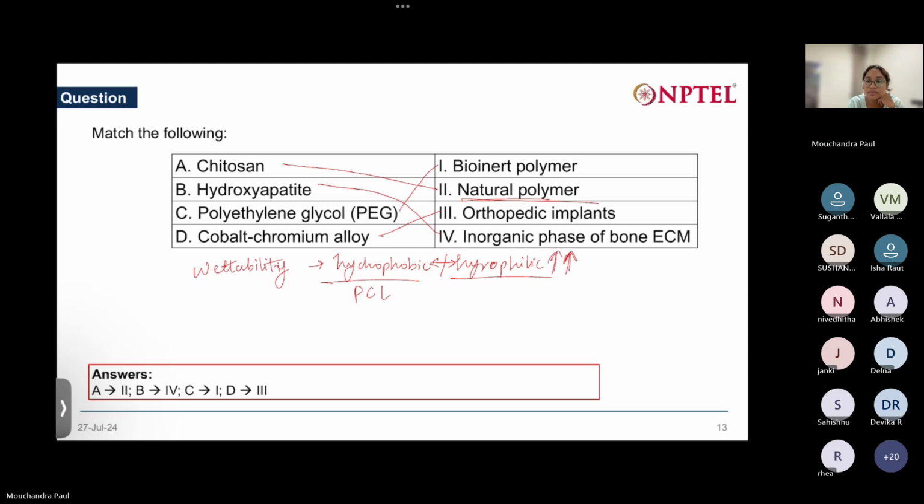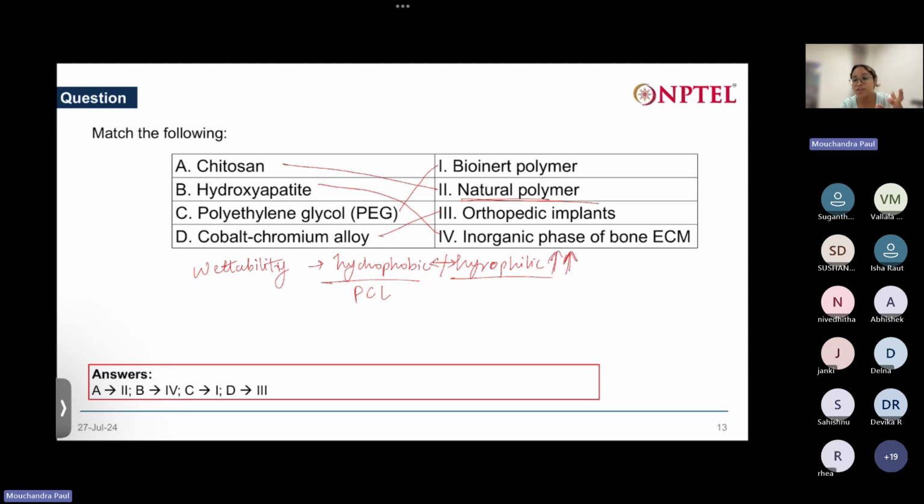Is this point clear? Why PEG is a bioinert polymer? If it is not clear, feel free to ask. I won't mind repeating it again.